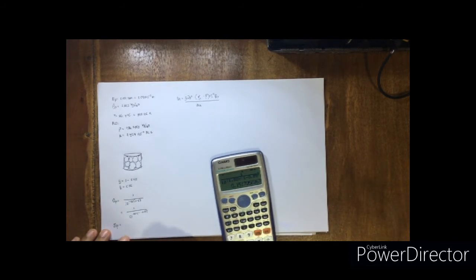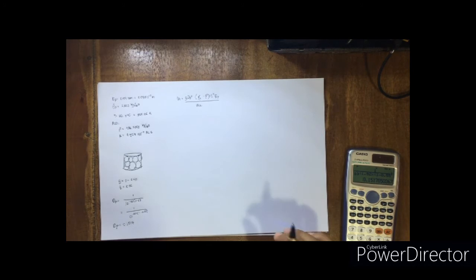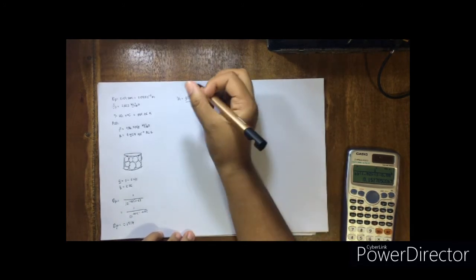So the empirical correction factor has a value of 0.1517. So let's input all these parameters or all these values in our formula.